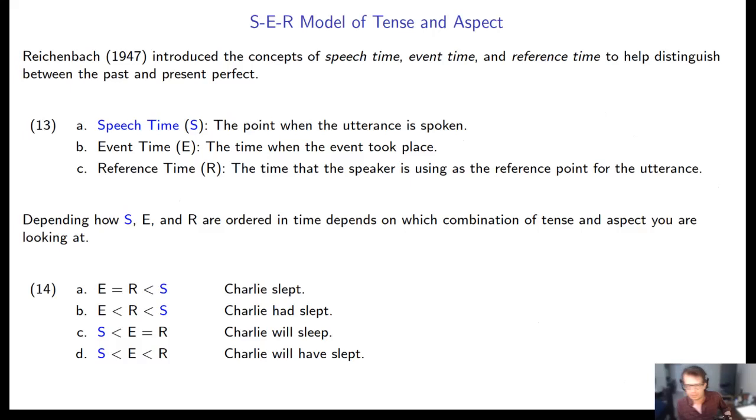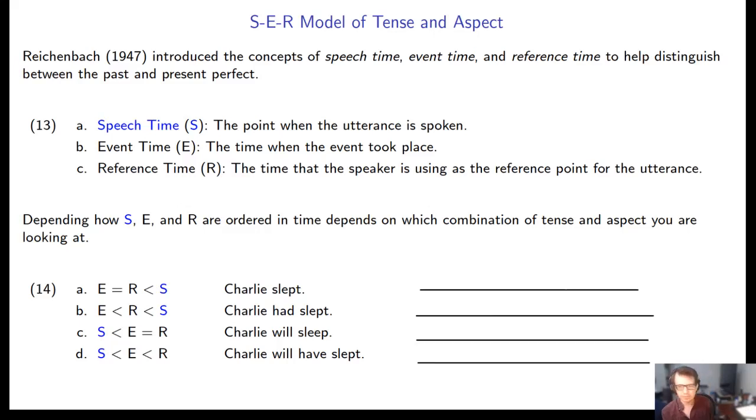In 1947, there was this idea of a speech time, an event time, and a reference time in order to figure out tense and aspect. If you've ever seen grammar books, you might have seen these models, but not the letters S, E, and R. I'm going to draw these out on each sentence, but let me explain what S, E, and R are first.